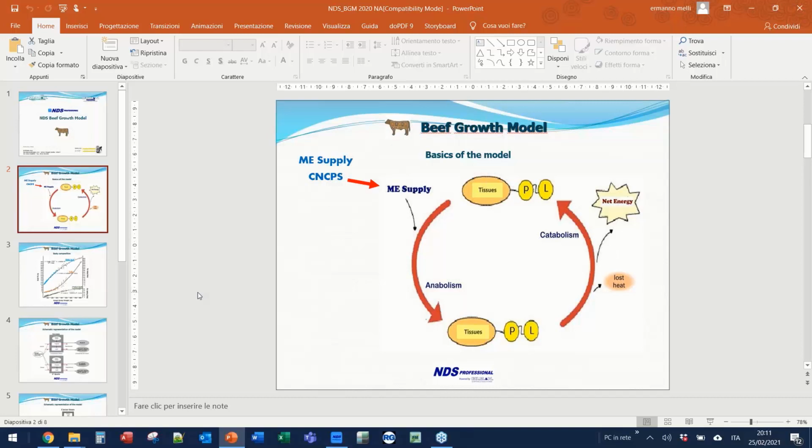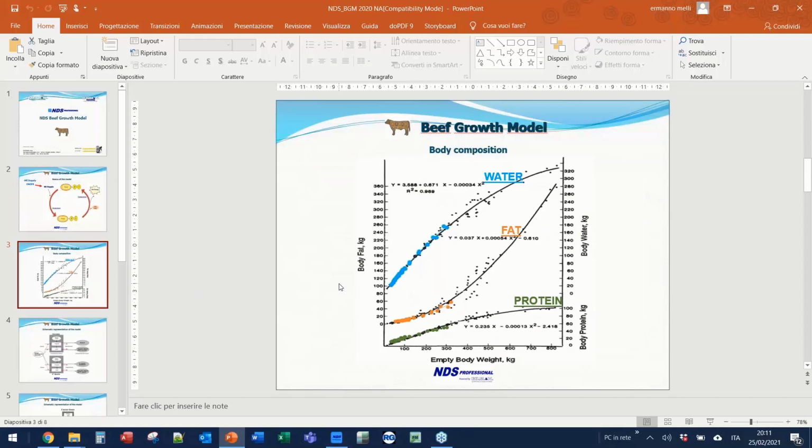Another advantage that we think we can provide with the beef growth model is that we included the capability to better predict body composition over the whole period.